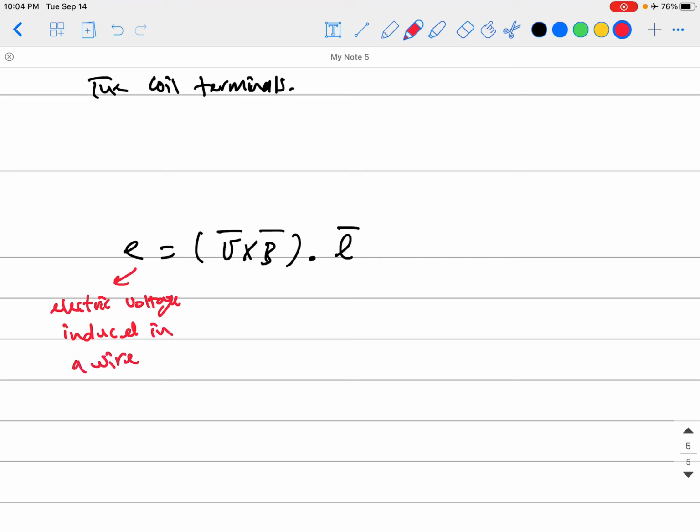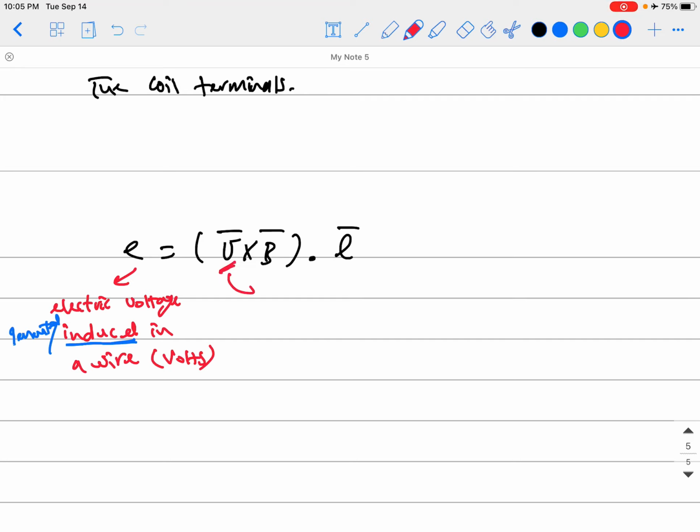This equation holds for just a piece of wire, in volts. And when I say induced, just to make it clear, we're talking here about induced voltage, not a voltage you apply from a battery or something. It's voltage that gets induced, generated. So it is electric voltage induced, or you can call it generated.